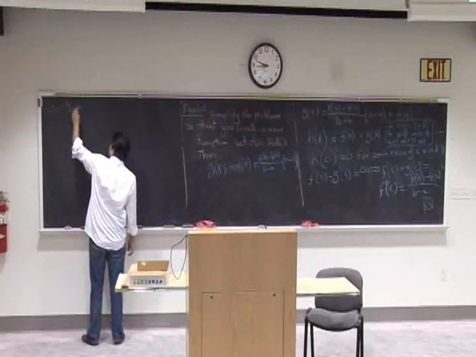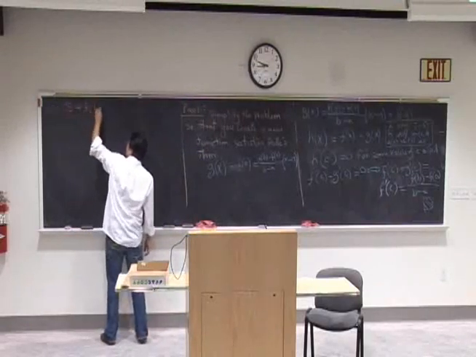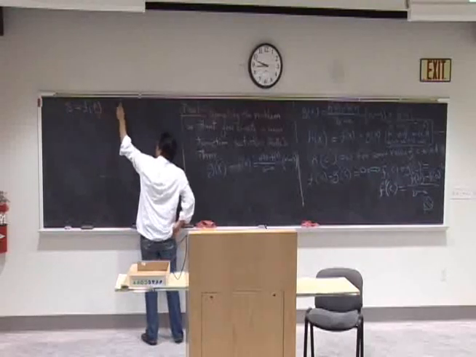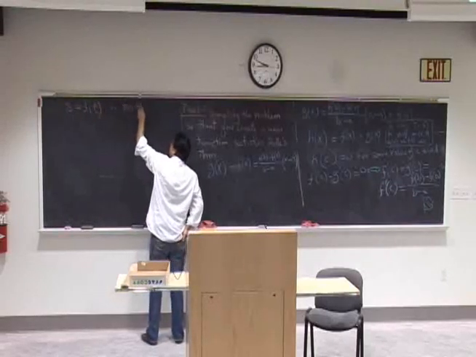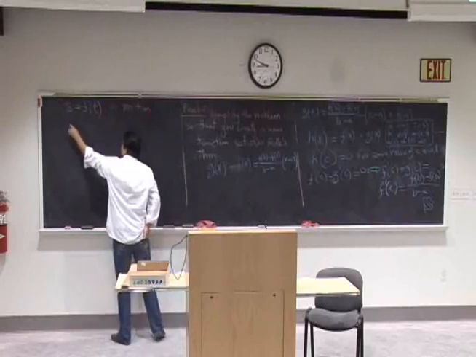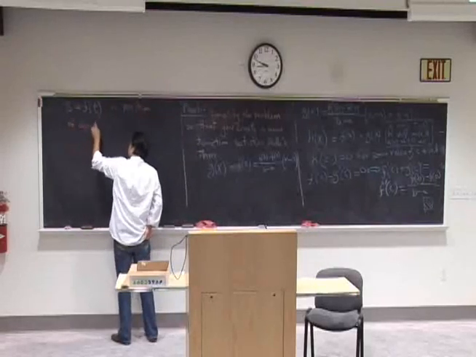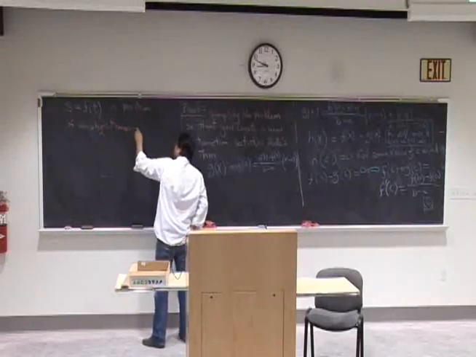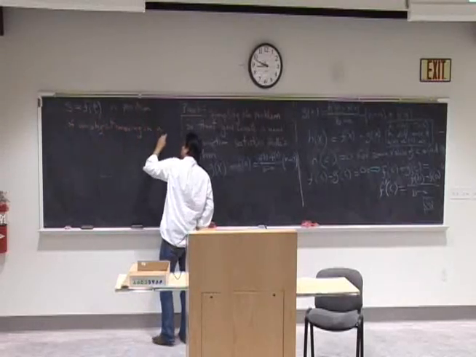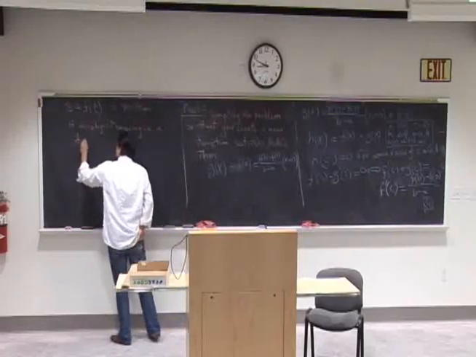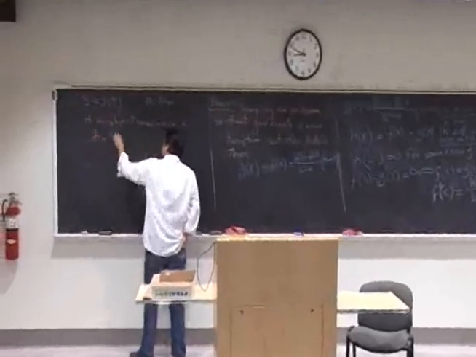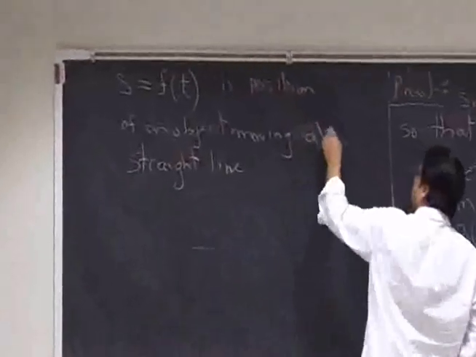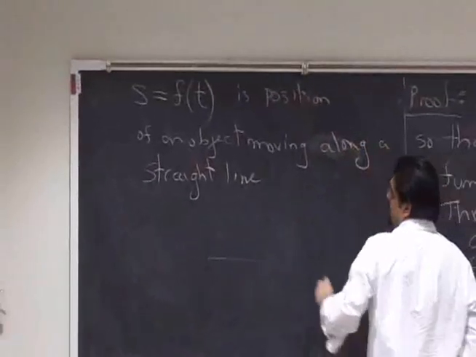So if we talk about S equals f of t as the position of an object moving in a straight line and moving along the straight line at time t.